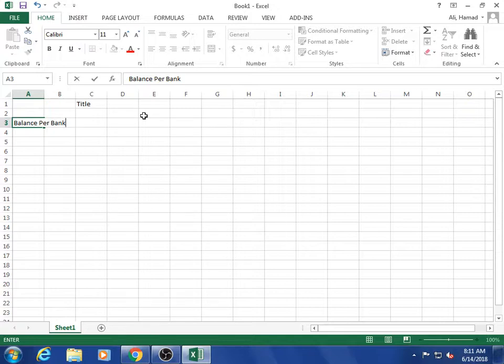Balance per bank, end of month. This is when you get your bank statement. So that is the balance, your cash balance at that point.